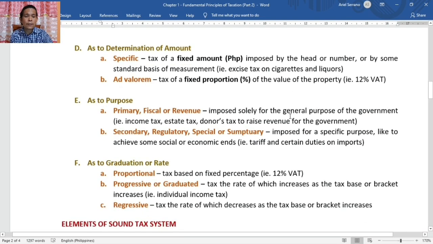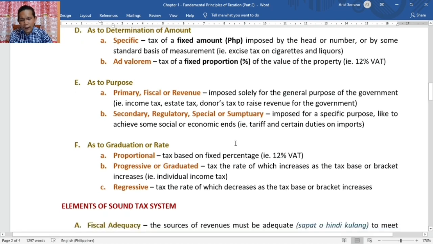Pag primary fiscal or revenue, yung buwis na yon, it is imposed for the general purpose of the government, for the collection of taxes, para makapag-raise ng revenue, okay, for the necessary expenses of governance. Samantalang pag secondary, regulatory, special, or sumptuary, this is for regulatory purposes, like to achieve some social or economic ends. So, ang example na pwede natin gamitin dito is yung mga tariff and certain duties on imports.